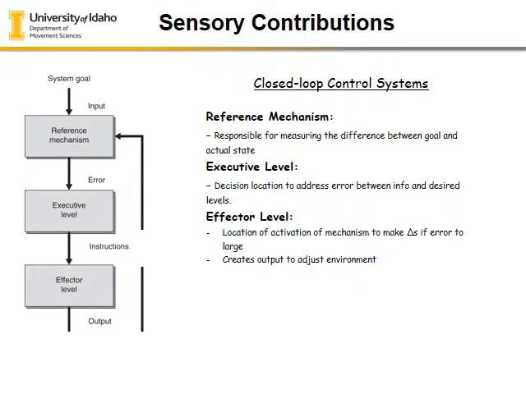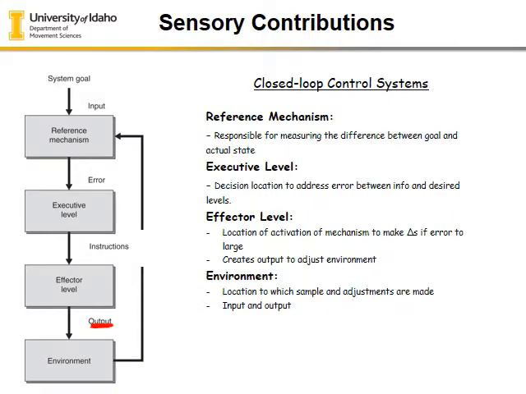So now you're creating this output, and the output is to adjust whatever your original blueprint or original goal was, to adjust the new movement outcome. And then the environment, and this is where you're sampling that feedback. You're sampling whatever your output is, creating new input as a form of feedback. And it's this closed loop, so it continues to go back up to the reference mechanism.